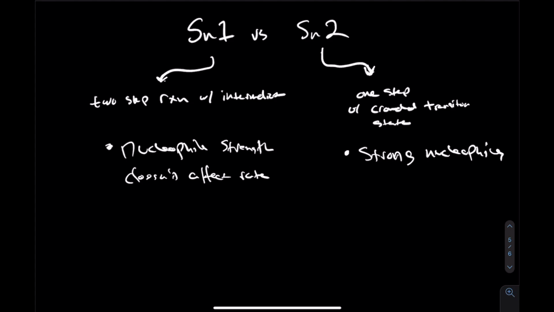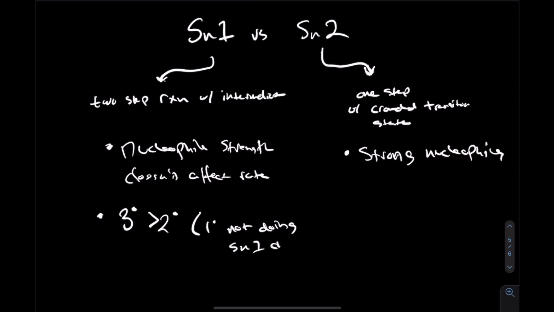And so the less steric junk, the more your Sn2 reactions are going to be favored. So you can really think of Sn1 reactions preferring tertiary over secondary systems, with primary systems not doing Sn1 chemistry.